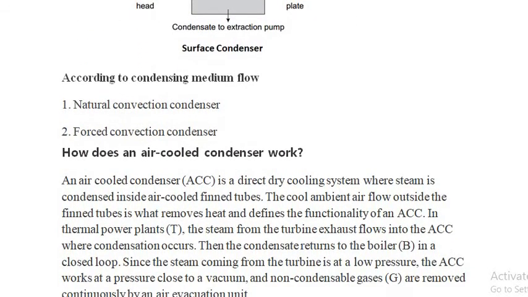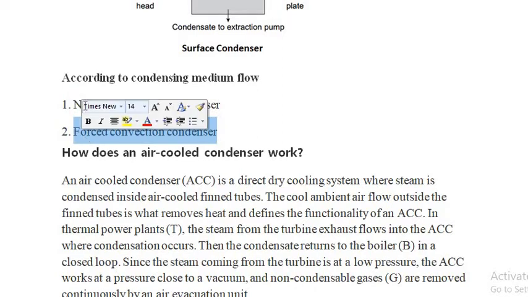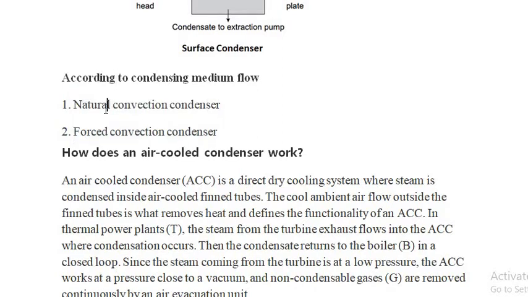According to the condensing medium flow, there are the natural convection condenser and the forced convection condenser. A natural convection condenser is one in which the convection is natural. Suppose in a refrigerator, you can see at the back portion there is a net-type component attached. This is the condenser where the heat rejects automatically.